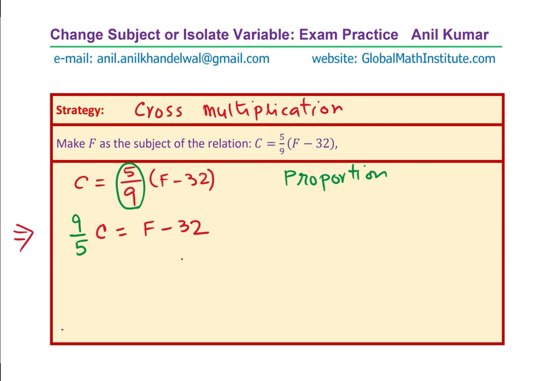And now you can add 32. So we get 9 by 5 C plus 32 equals F. Do you see? In just 3 steps, we are in a position to isolate the given variable F. So we get the formula F equals 9 by 5 C plus 32.